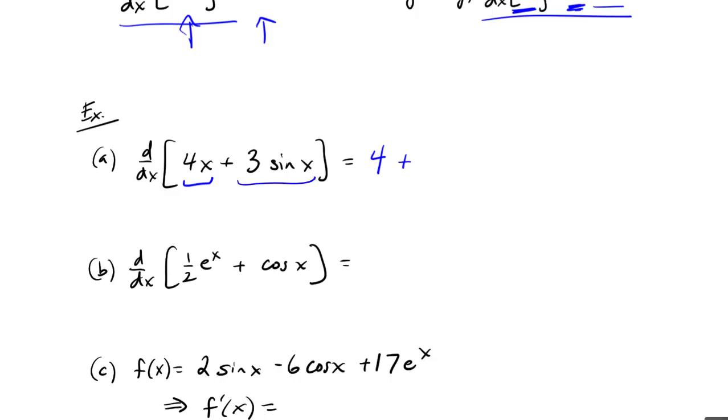Plus, now I have a constant multiple 3 that stays around. And then I do the derivative of sine x, which we just learned was cosine x. Done.